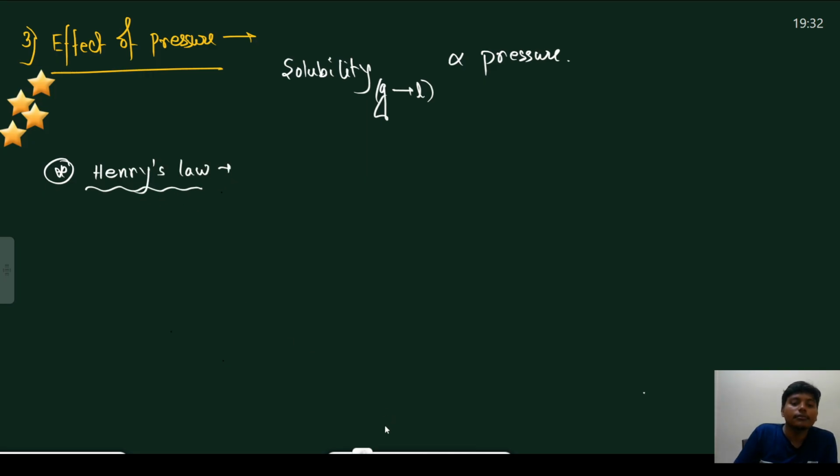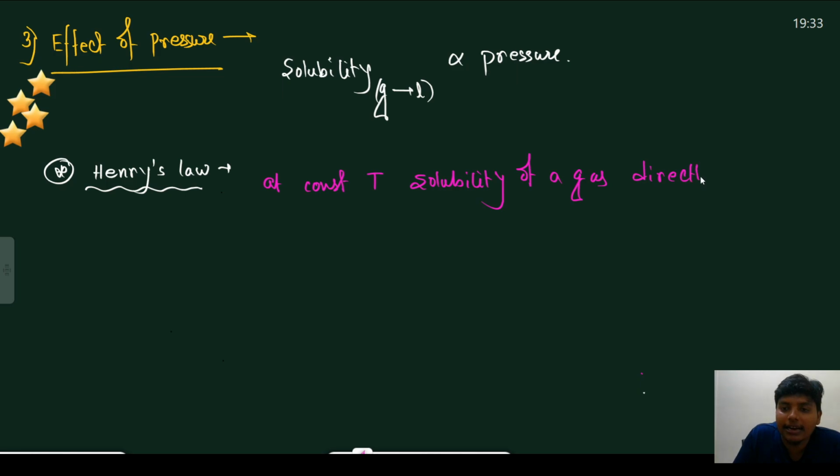Scientist Henry told that at constant temperature, the solubility of a gas is directly proportional to the partial pressure of the gas. Clear or not?